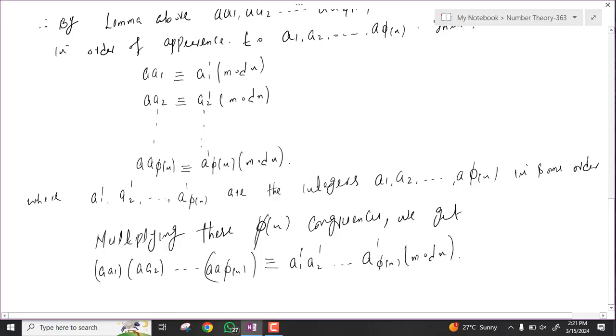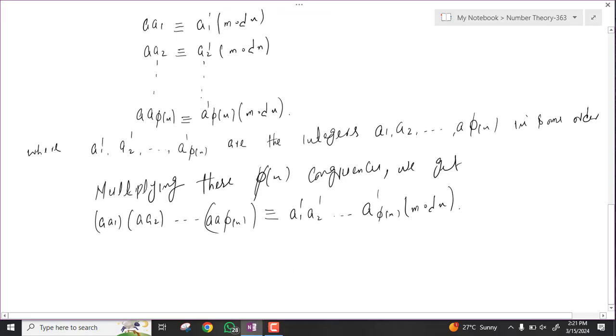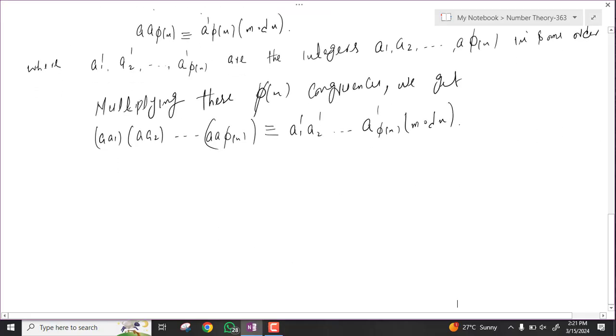Okay. Now see, this is congruent to A1, A2, and so on, A phi of n modulo n, because A1 dash, A2 dash, A phi of n dash are the integers A1, A2, A phi of n in some order.